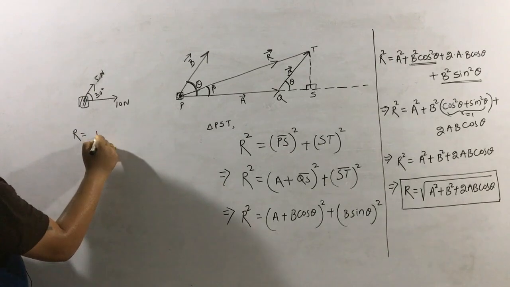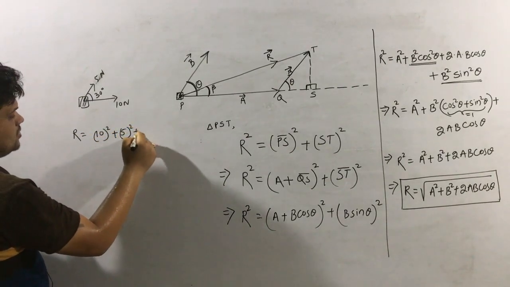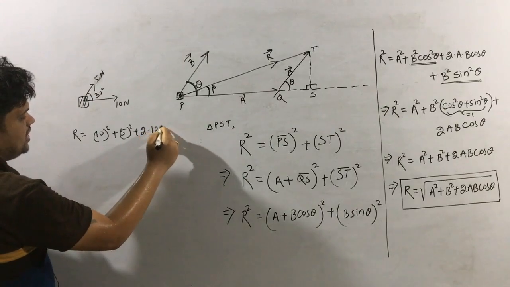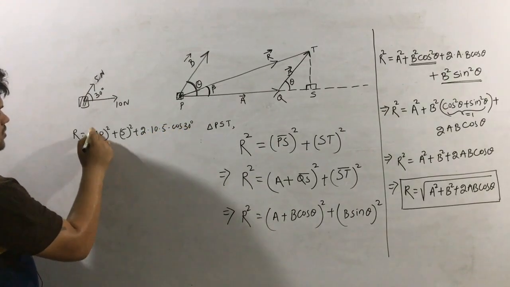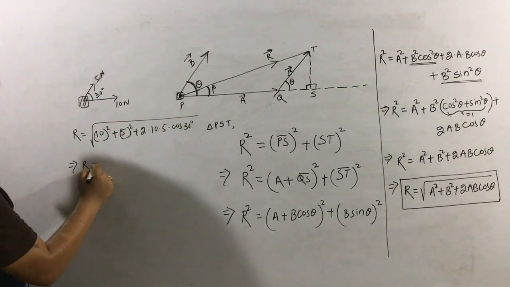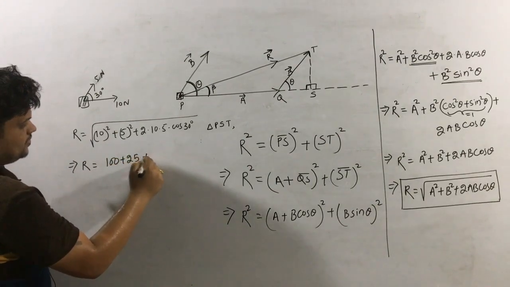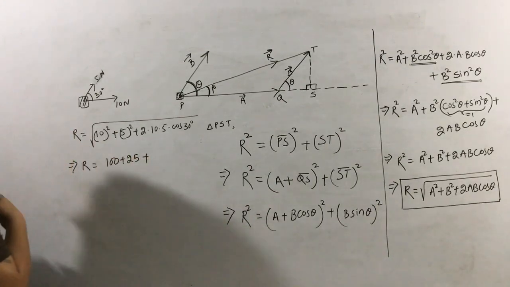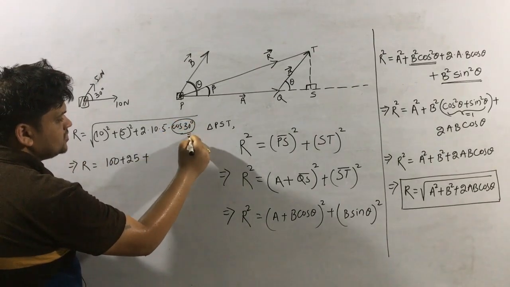So R will be equal to root over of A square plus B square plus 2 into A into B into cos theta, or it implies that R equal to root over of 100 plus 25 plus, cos 30 is how much?